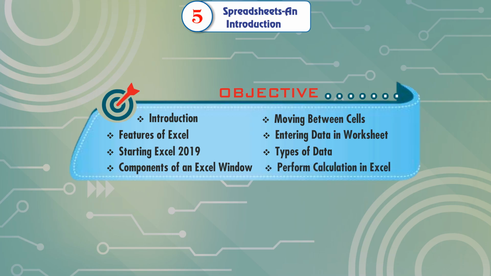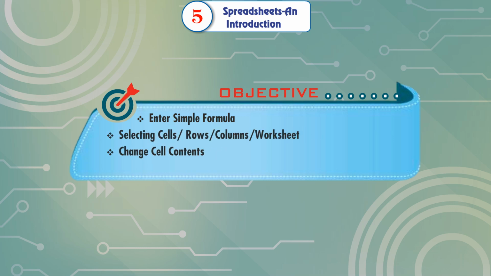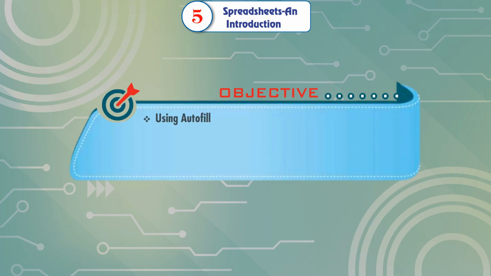Perform calculation in Excel. Enter simple formula. Selecting cells, rows, columns, worksheet. Change cell contents. Undo and redo. Inserting cells, rows and columns. Deleting cells, rows and columns. Moving and copying data. Using autofill.